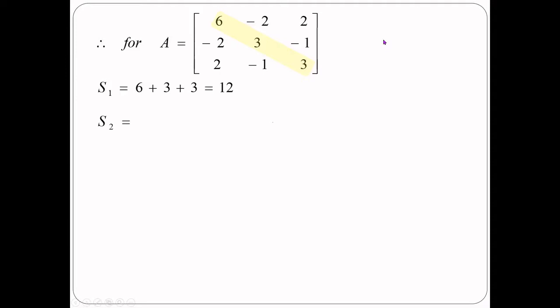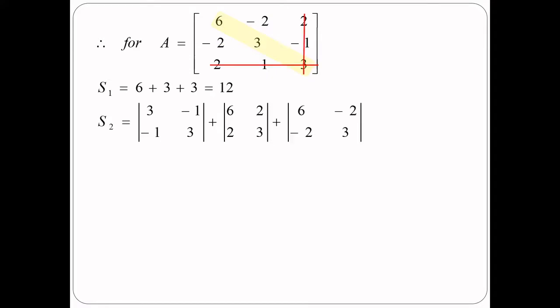S2 is equal to the first minor for the first diagonal element, which is 3, minus 1, minus 1, 3, obtained by hiding the row and column of that diagonal element. Then the second diagonal element is 3, so hiding its row and column, we get the second minor, that is 6, 2, 2, 3, and for the third diagonal element we get the third minor.